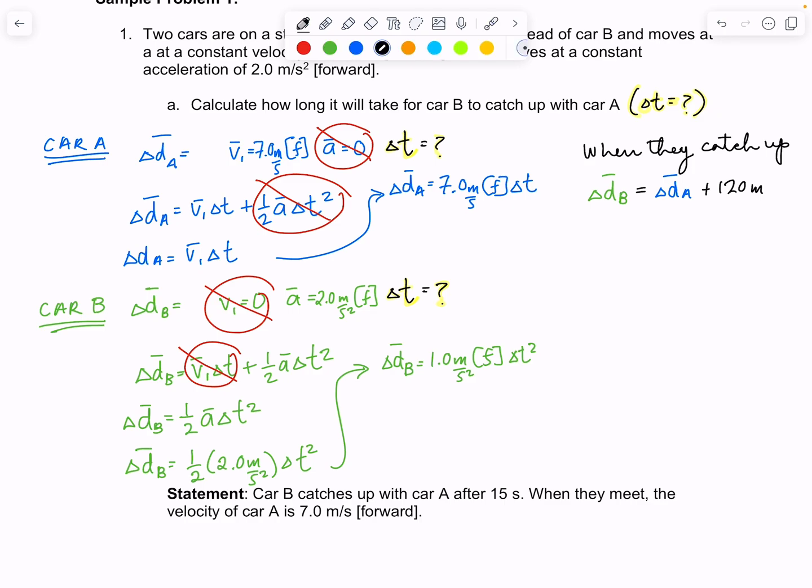We have, for delta dB, 1.0 meters per second squared forward times delta t squared is equal to 7.0 meters per second forward times delta t. Plus 120 meters.